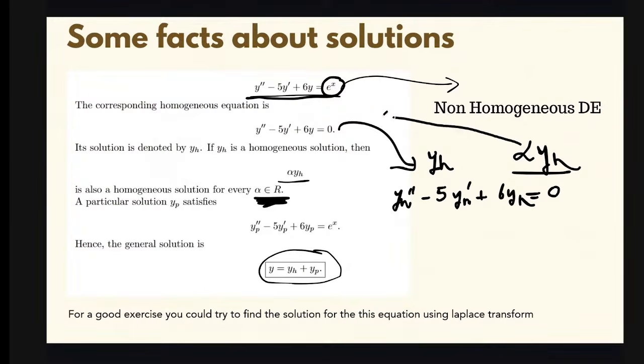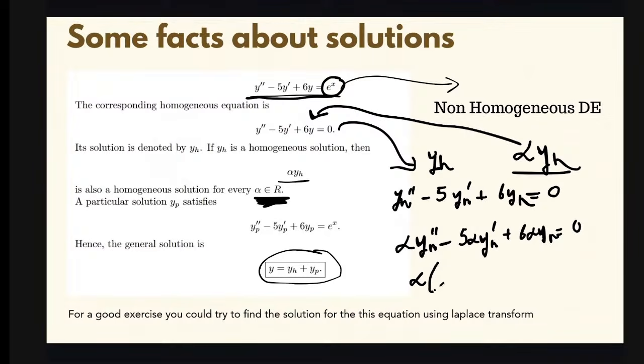Now, what if I plug in alpha yh in this equation? I get alpha yh double dash minus 5 alpha yh dash plus 6 alpha yh is equal to 0. So what does this mean? I'm getting alpha times yh double dash minus 5 yh dash plus 6 yh is equal to 0.